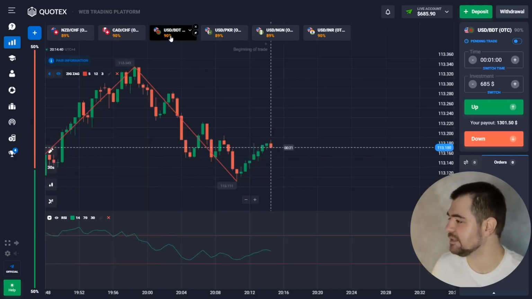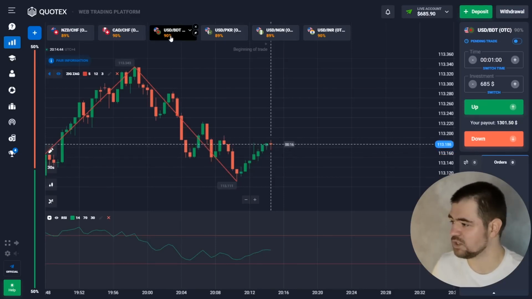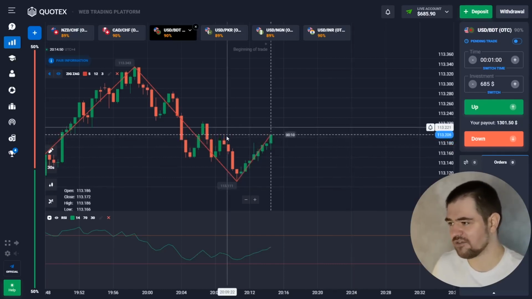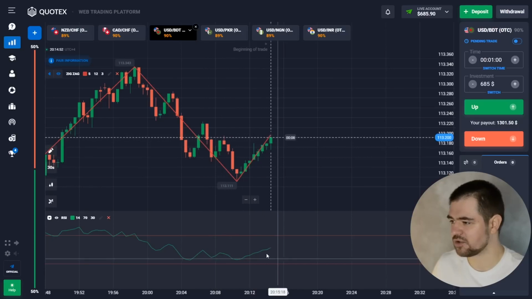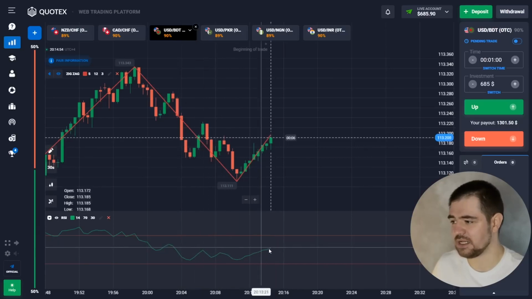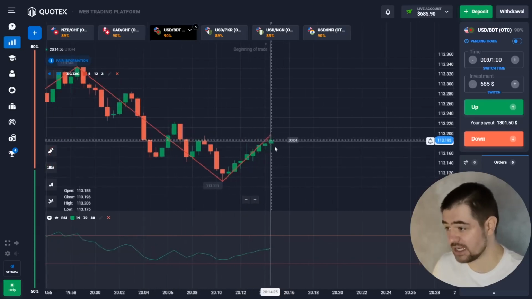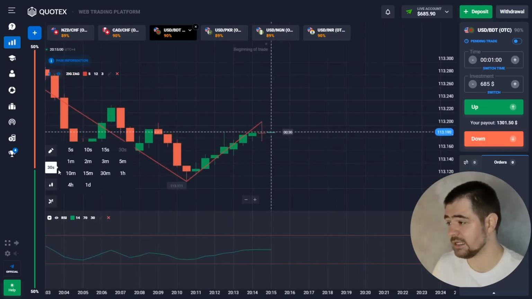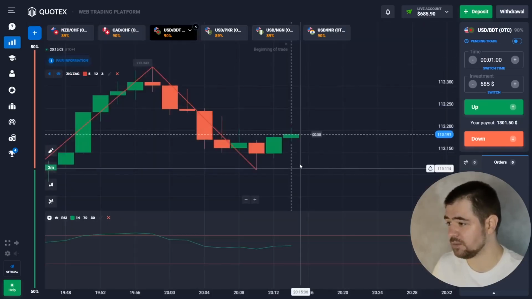So let's see. 685, zigzag there. We see a support level bounce off. Right now there's a resistance level being crossed, and it's a pretty strong trend going. So let's check 2 minute.